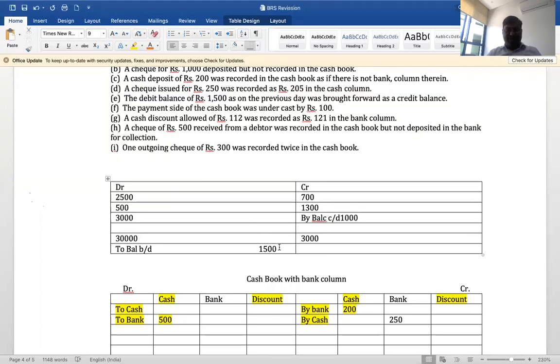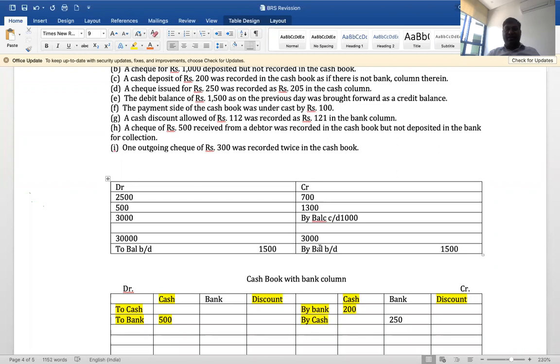Had it been a 1500 debit balance, and this debit balance is written on the credit side, instead of writing it here, you have written it as by balance brought down, as 1500. That is the meaning of this sentence.